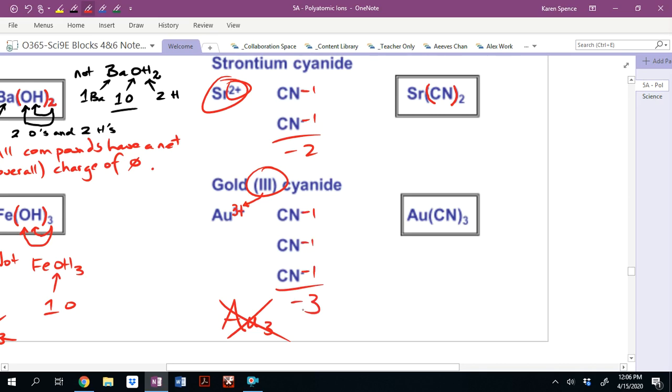So we have 3 cyanides, and again, it has to go in brackets so that we have both 3 of the carbon and 3 of the nitrogen. We do not want AuCN3, where that 3 only applies to the N, because as you can see, we have 3 carbons as well.